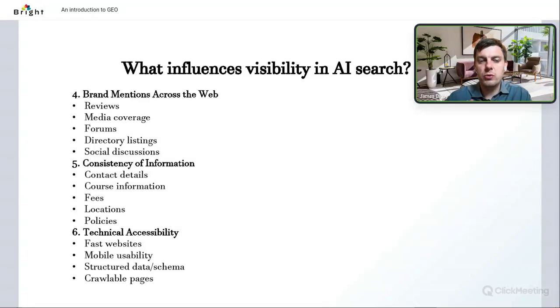And then just making sure that if you've got standalone landing pages, things like your contact details are still within that standalone page. It just helps to tie everything together. It's a small little quirk. Anything that you've got around course information, make sure that you're keeping that clean and tidy so that when AI is looking at the information and it's quickly making all of these connections, it's not confused by the course information being different on different pages.